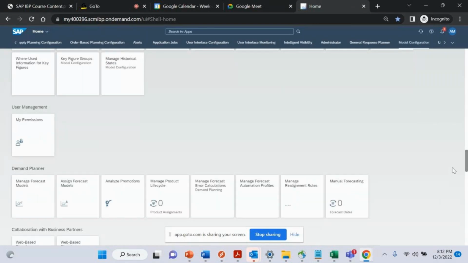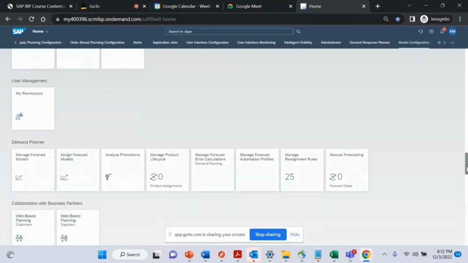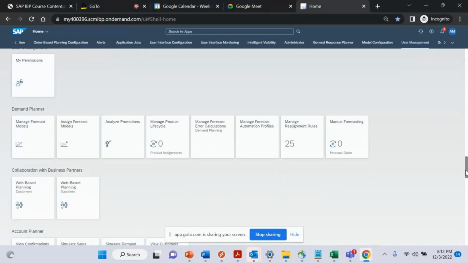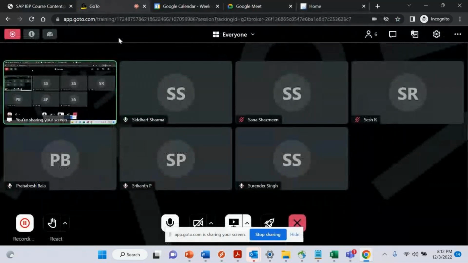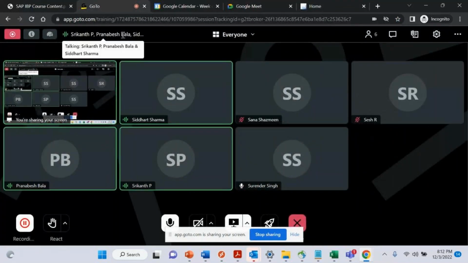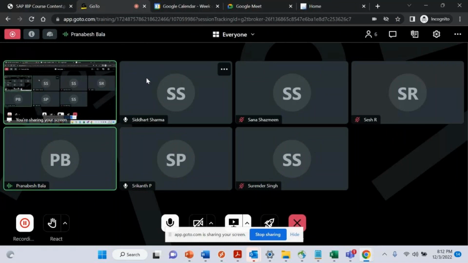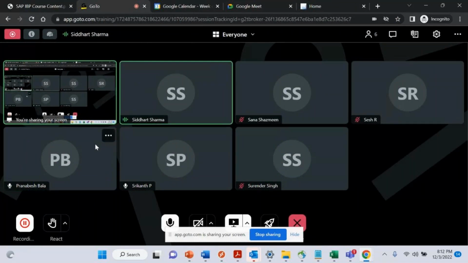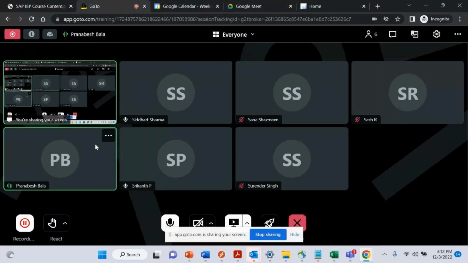So this view I am showing, who is it new to? For Srikant, this is new. I think Omkar has experience, but Srikant, Pranavesh and Surinder, is it new for you? I am a little familiar, but I have not worked in much detail; I am exploring more.